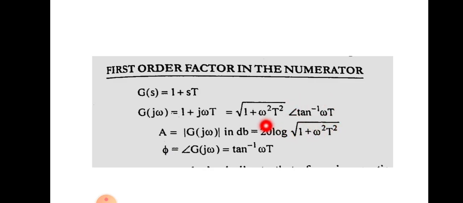If we take different values of omega, we will get a plot like this. Similar to the previous case, the slope will be plus 20 dB, and the angle curve will look like this, and this is obtained by giving different values of omega as 1 by t, 10 by t and so on.